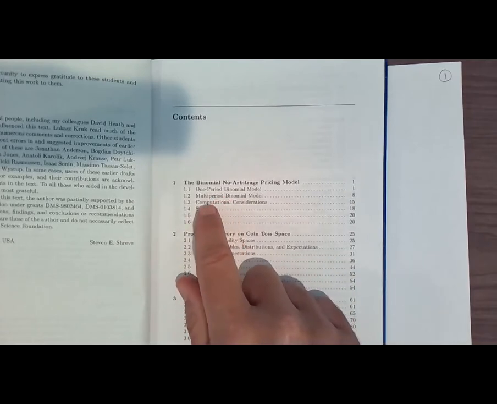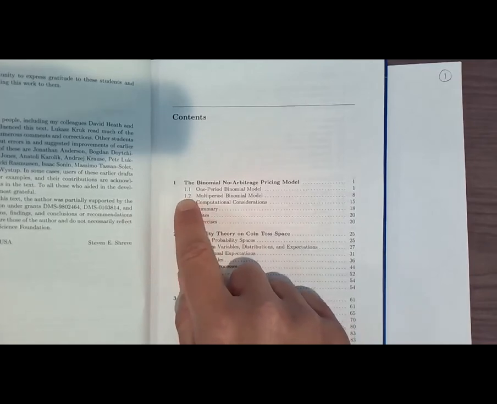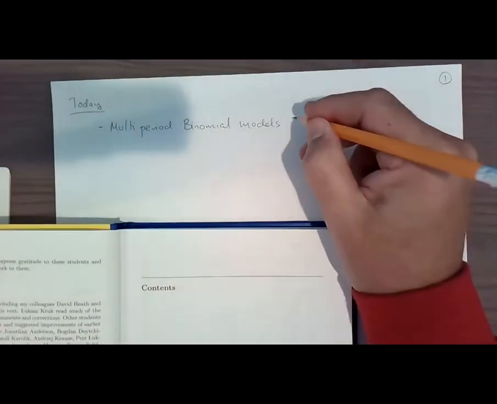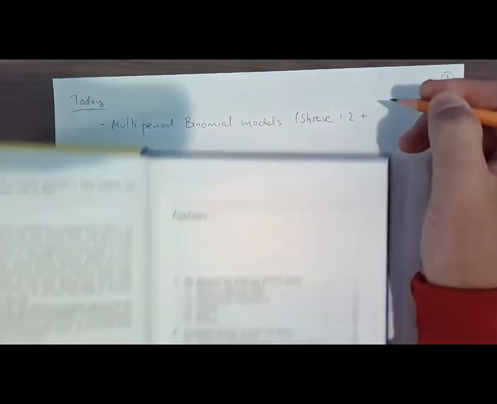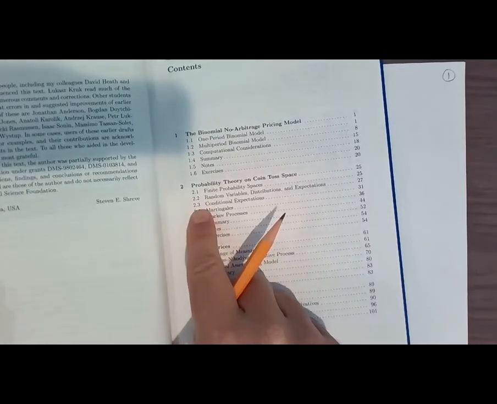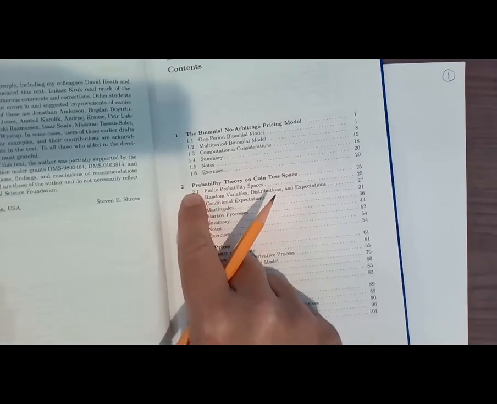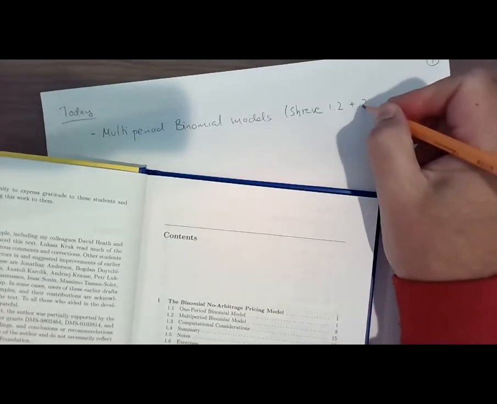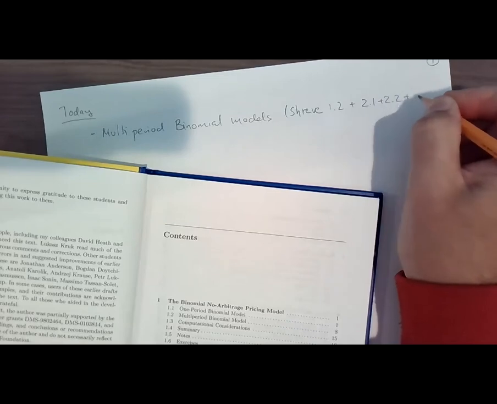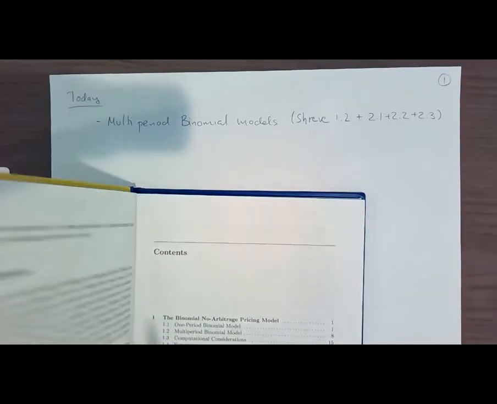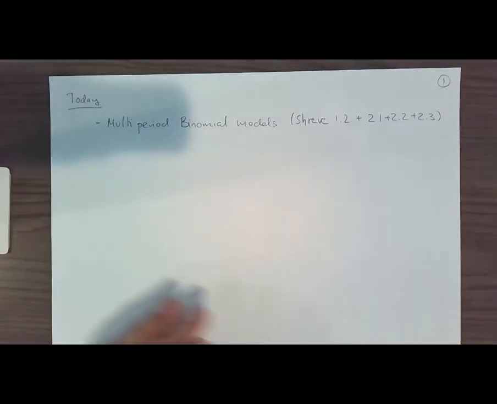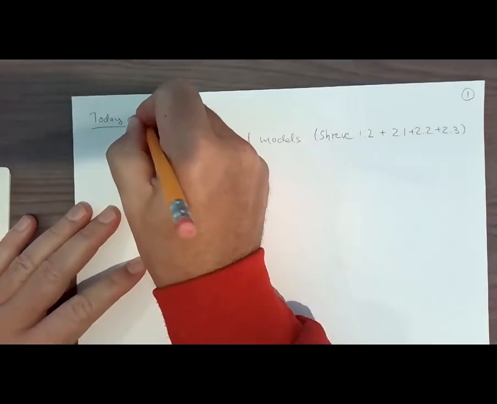So what we'll be doing mainly today is in 1.2, but it's also really over here in the first 3 sections of chapter 2. So 2.1, 2.2, and 2.3. This is what we'll be doing today and next time.